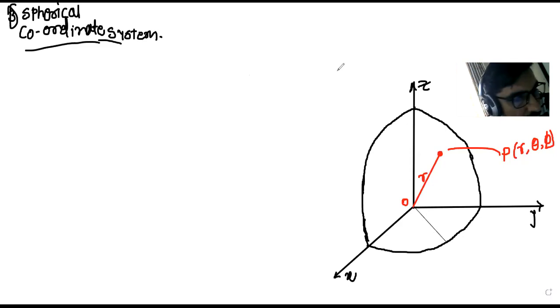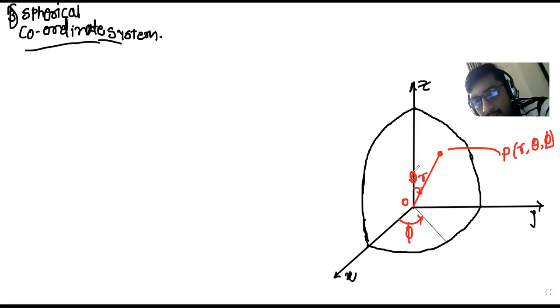So I have plotted the shadow of that radius. Now I'm going to draw the two parameters called theta and phi. Now theta is the angle made by z-axis with radius. So this is the theta. And phi is the angle made by x-axis with the shadow of radius. So this is the phi. Are you getting?